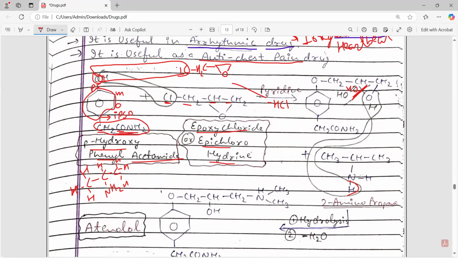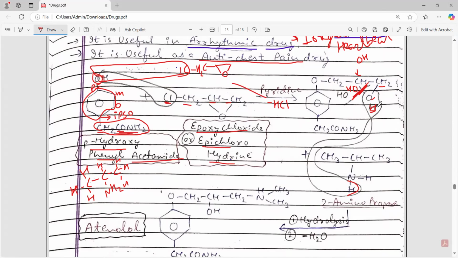Here OH and here H are added, because the three-member ring breaks.